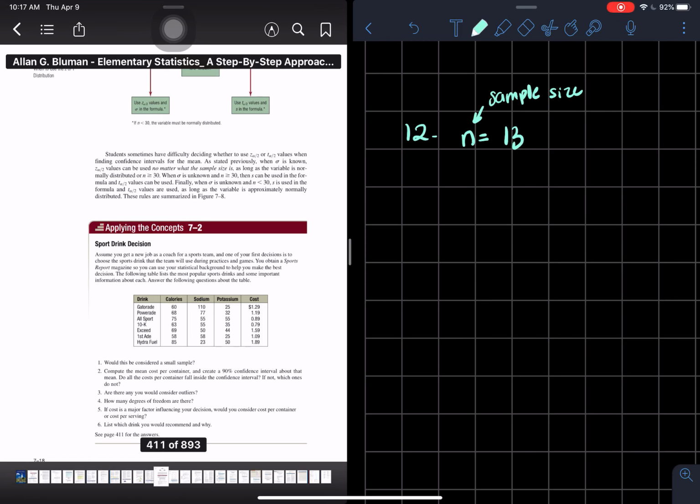It's described in more detail in the earlier video. My degrees of freedom is basically how many data values I can freely choose before I have to calculate my last value, so that when I add them all up and divide by however many there are, I end up with the same mean. So yes, this is basically it.